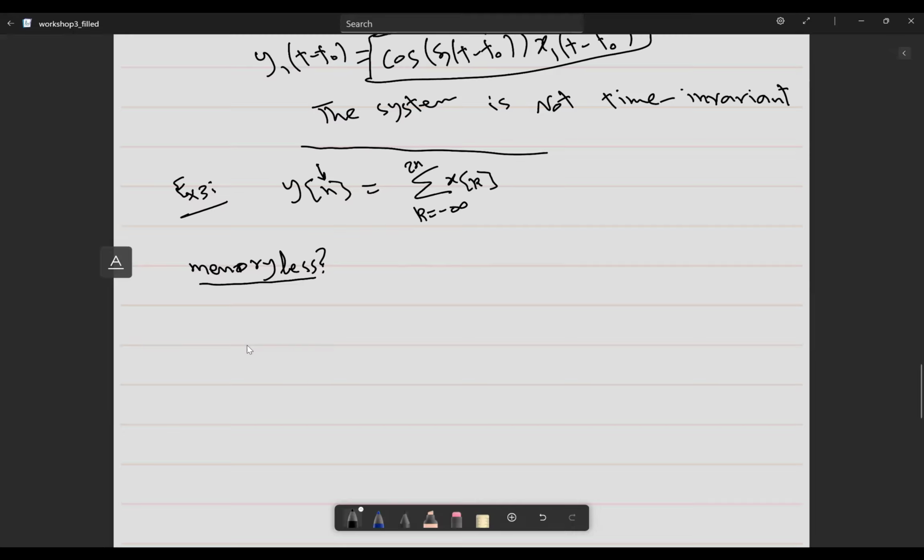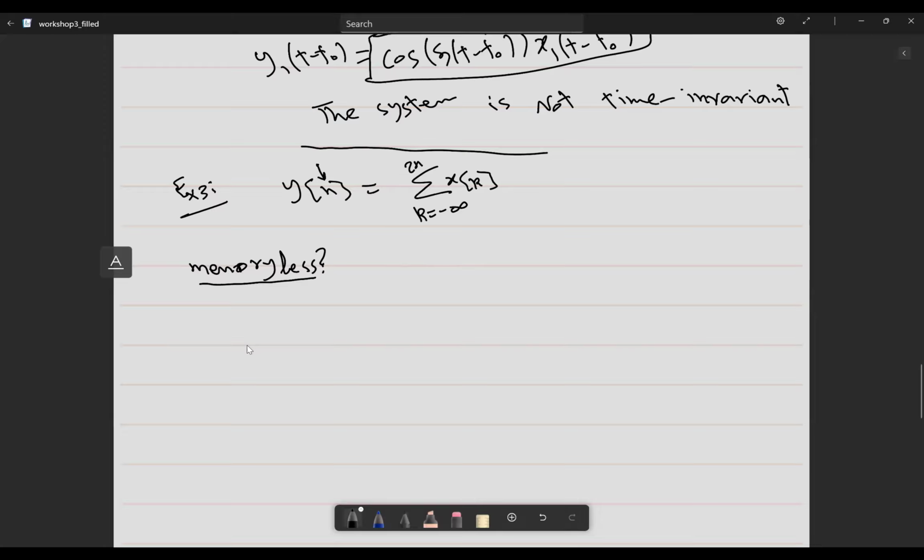Because let's say for n equals 1, we have the summation, even if this is just n here, but we are adding all the terms from minus infinity till n, or in this case 2n, of the input. So it has memory, or it's not memoryless.